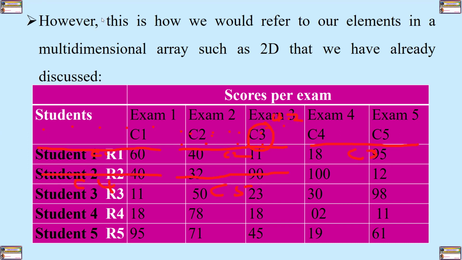Row 4, column 2. You can see it's 78. Row 4, column 2. There we go. That's 78. Very important.